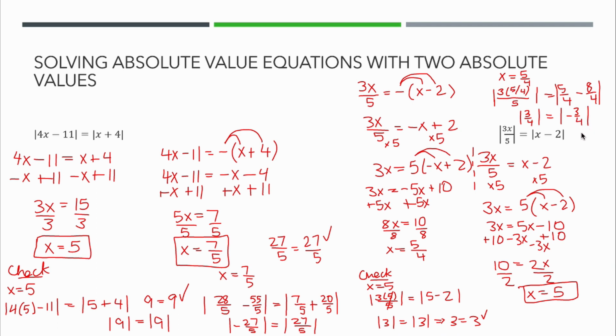And we get the absolute value of 3/4 is equal to 3/4, and the absolute value of negative 3/4 is also 3/4. So this answer works, and I haven't run out of room. Yay! So x is equal to 5/4 is also a solution.